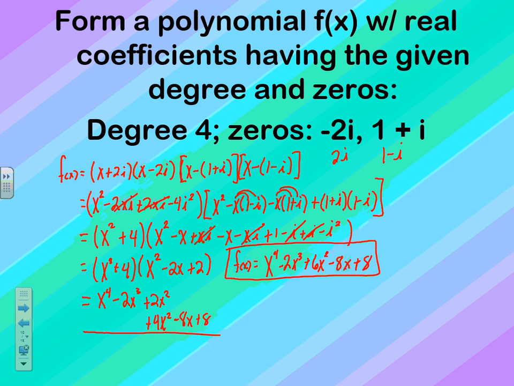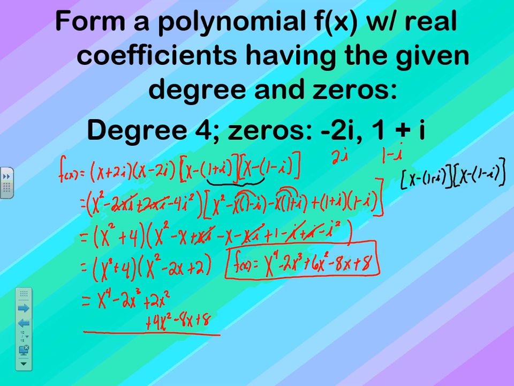Now, particularly, I want to look at how the shortcut method would be employed multiplying these two terms together. So at this point, and I'm going to do this off to the side here, we have x minus 1 plus i times x minus 1 minus i.